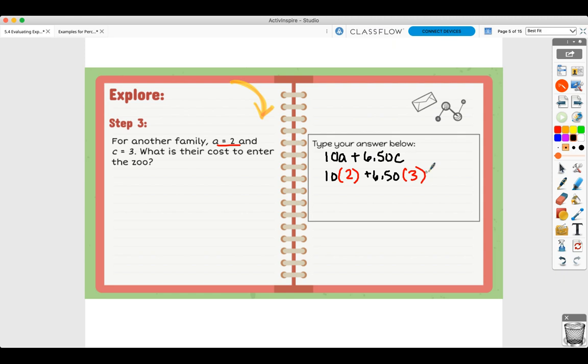So remember, multiplying before addition in this order of operations. So 20 plus 6.50 times 3 gives you 19.50. So the total would be $39.50 for this family of 5 people.